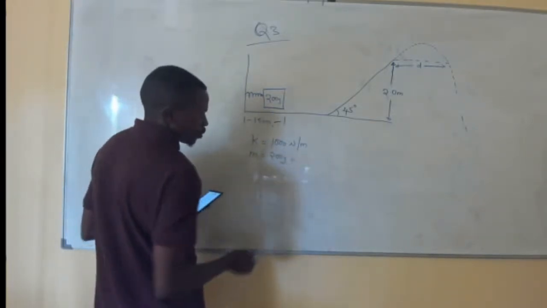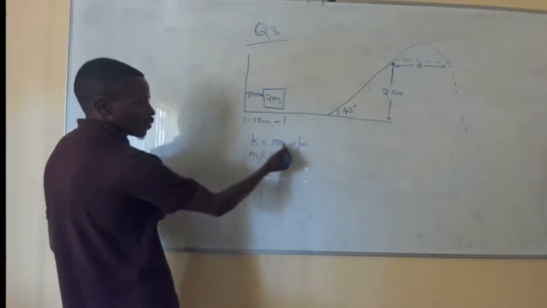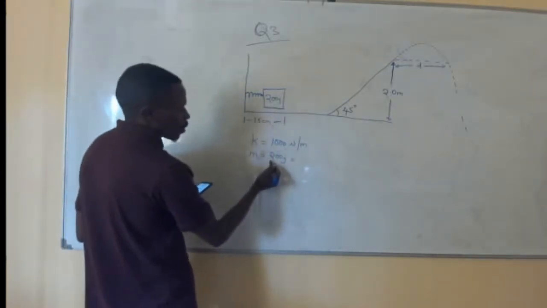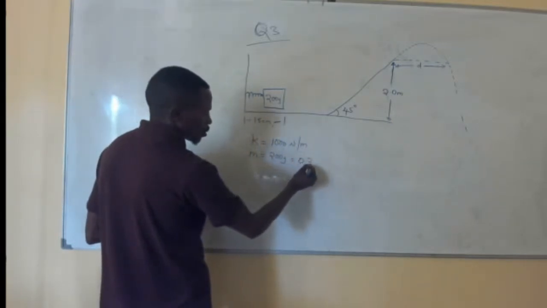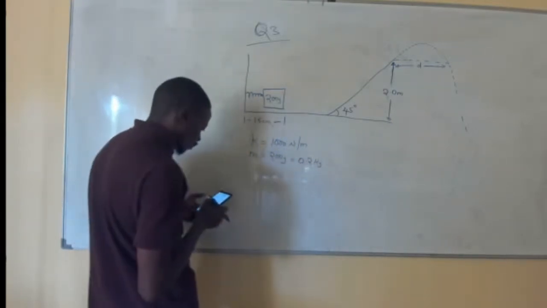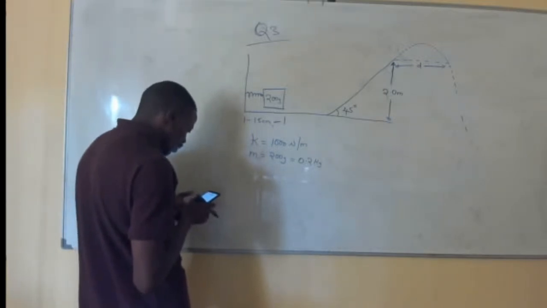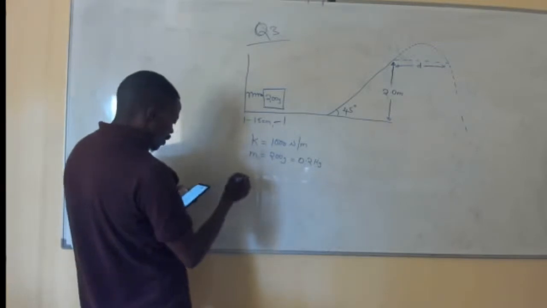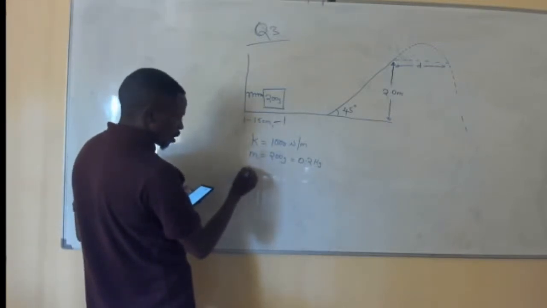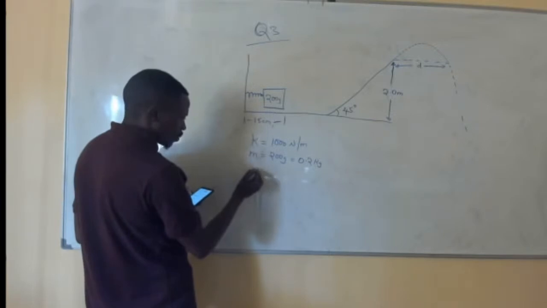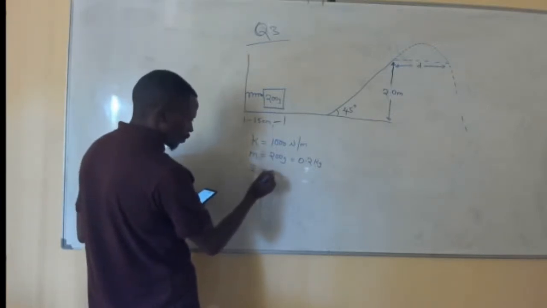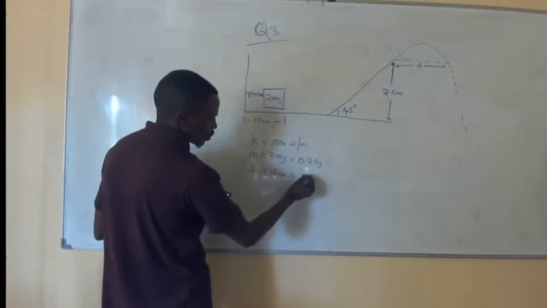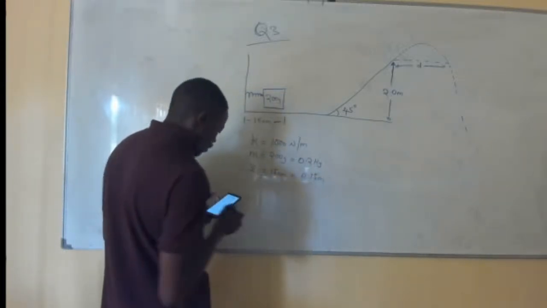Converting that into kg, because we want to work with SI units, it is just 0.2 kg. Our compression, the displacement x, is 15 centimeters, which in meters is just 0.15 meters.